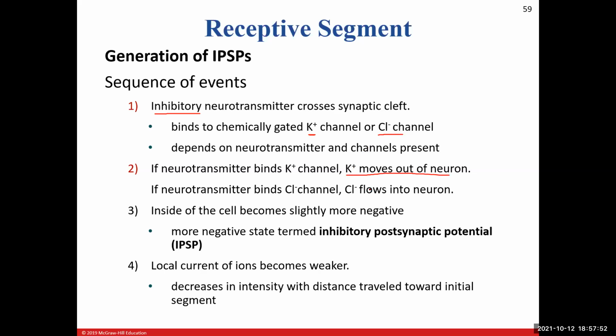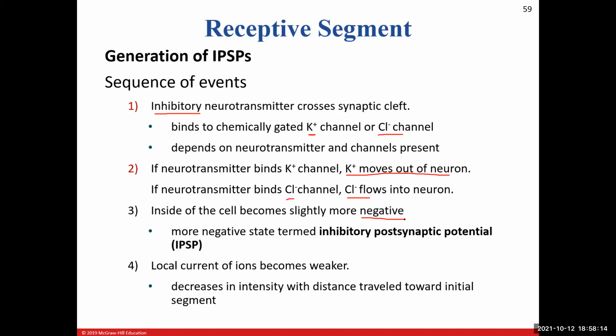If that neurotransmitter opens up our chloride channels, then of course chloride will flow down its concentration gradient into the neuron, and it will do the same thing. It'll make the inside of the cell more negative. And so we went from -70 to -72. We made it more negative.